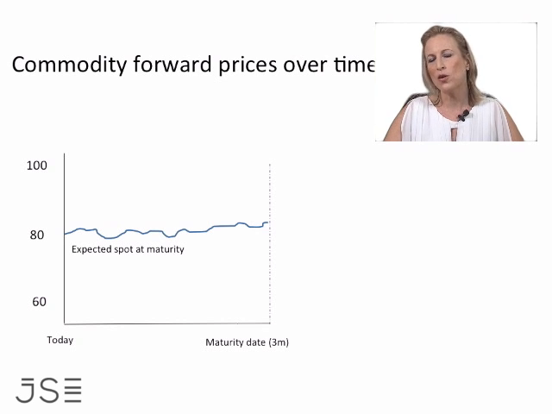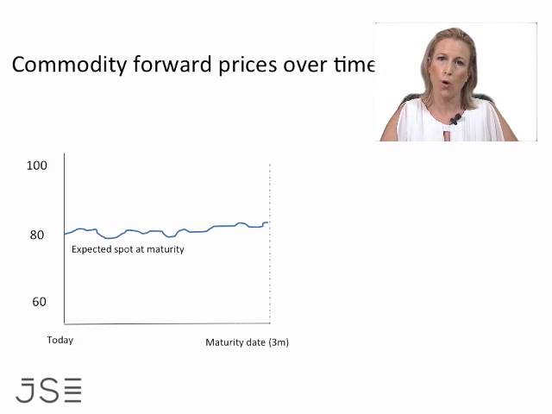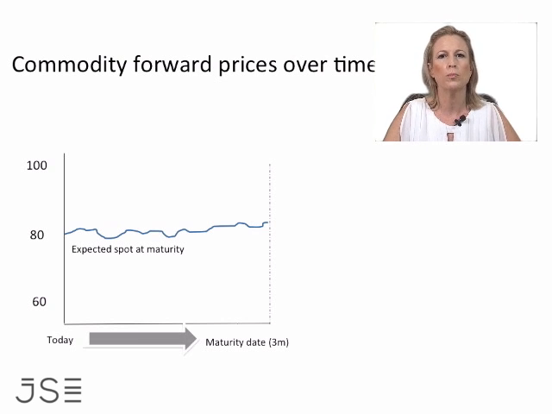Now, there's other ways that contango and backwardation are used when referencing commodity forwards. And they're not like before when we were merely comparing the current forward to the current spot rate. Now they consider how forward prices theoretically could move over the life of a contract. Let me explain.